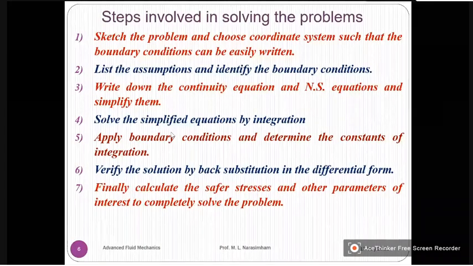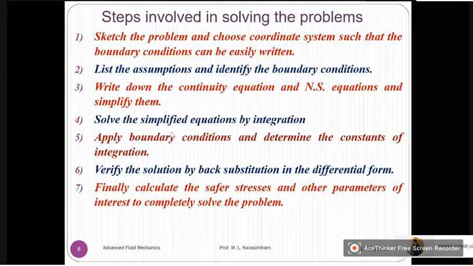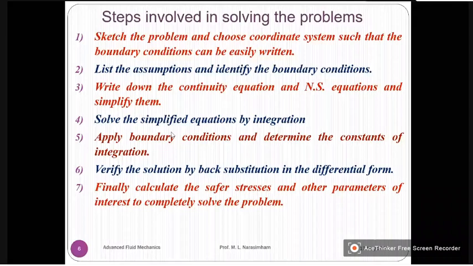If it is a parallel flow between parallel plates, it is better to select Cartesian coordinates. If it is flow through a circular pipe, the cylindrical coordinates are suitable. Similarly, for flow between rotating cylinders also, we prefer the cylindrical coordinates. So we have to select the coordinate system.